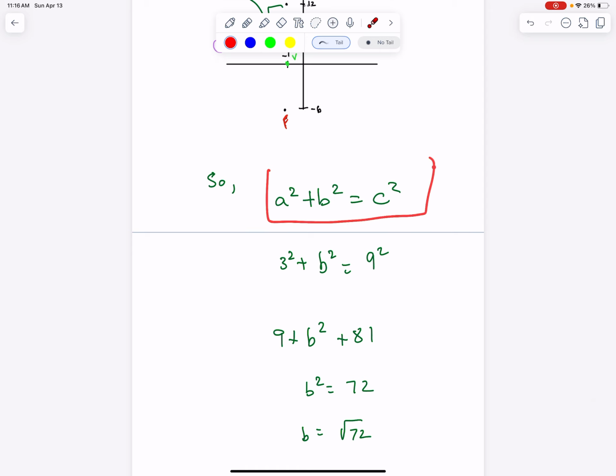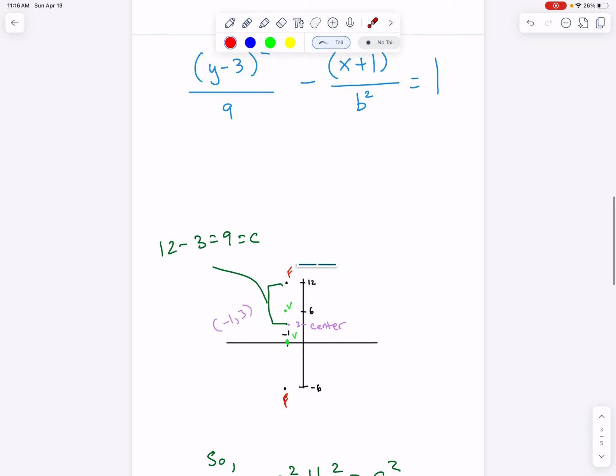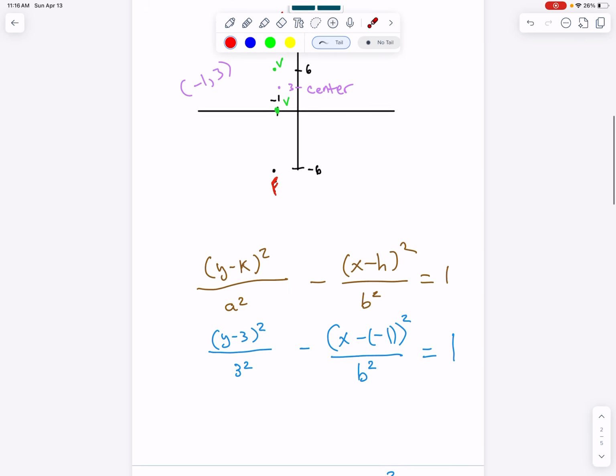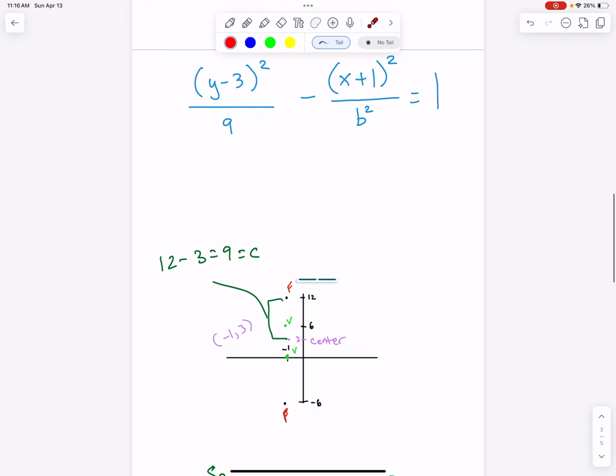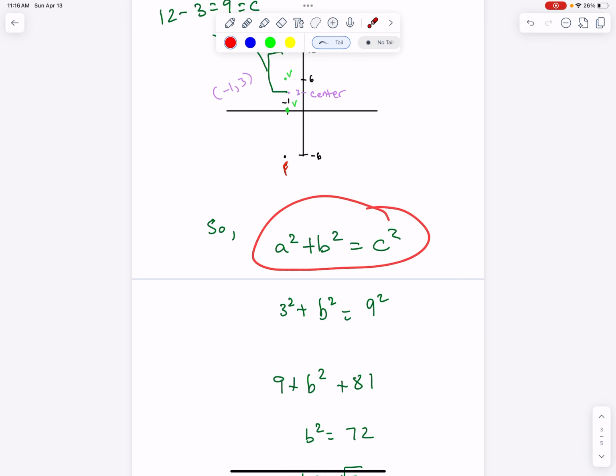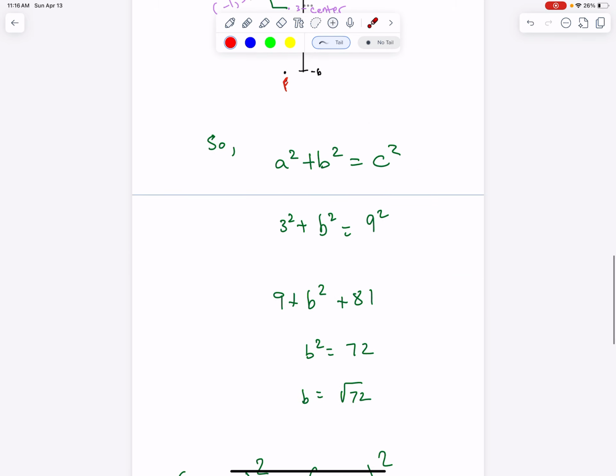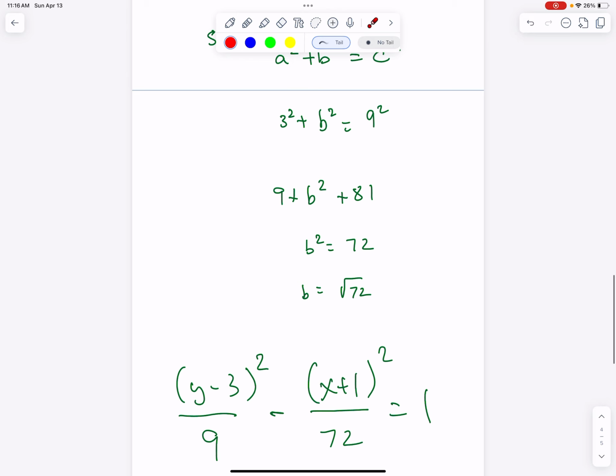To find b, we have this formula here, a^2 + b^2 = c^2. Remember that this formula is essentially, if you're dealing with a conic where the value here is negative, then in this case it would become positive. So we substitute in our a value and our c value, we solve, and we get b equals square root of 72.